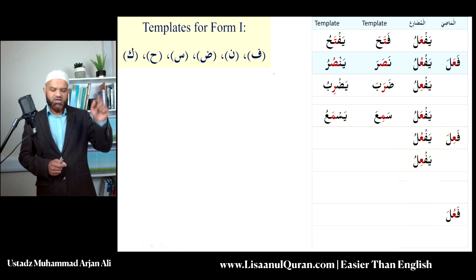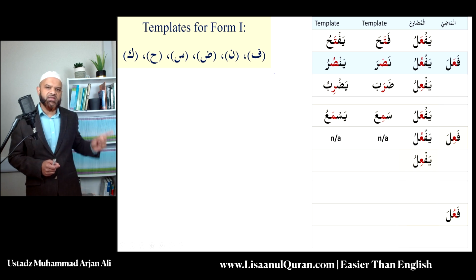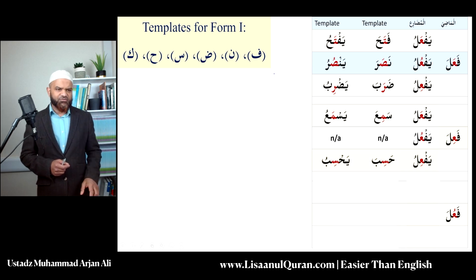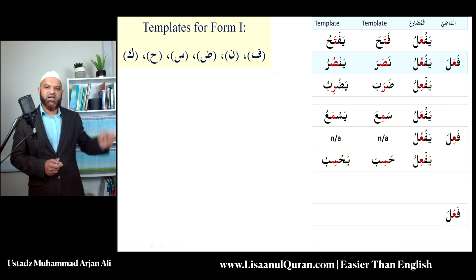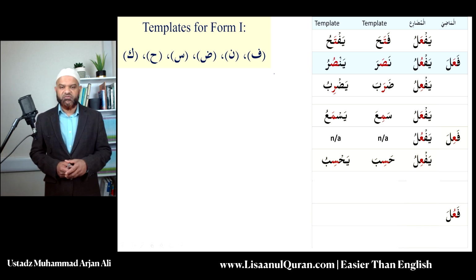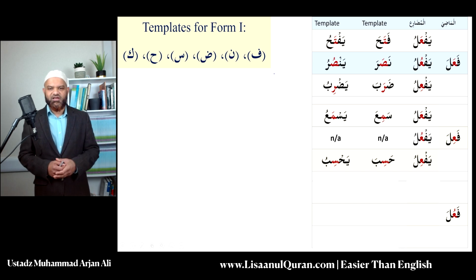Sami'a, yasma'u. You will never ever see a verb with a dhamma in the middle root letter where the Madi takes a kasra. Please note that. So there's only two possibilities, and I've also already told you, hasiba, yahsibu is very, very rare. So 99.9% of the time, if you just threw your dart in the dark, you'll be fine, because there's only one possibility as far as you and I are concerned.